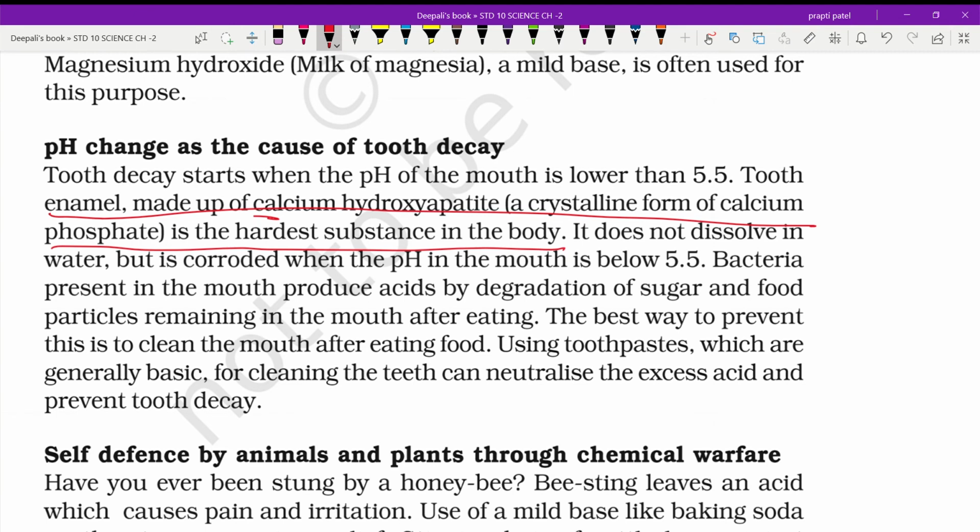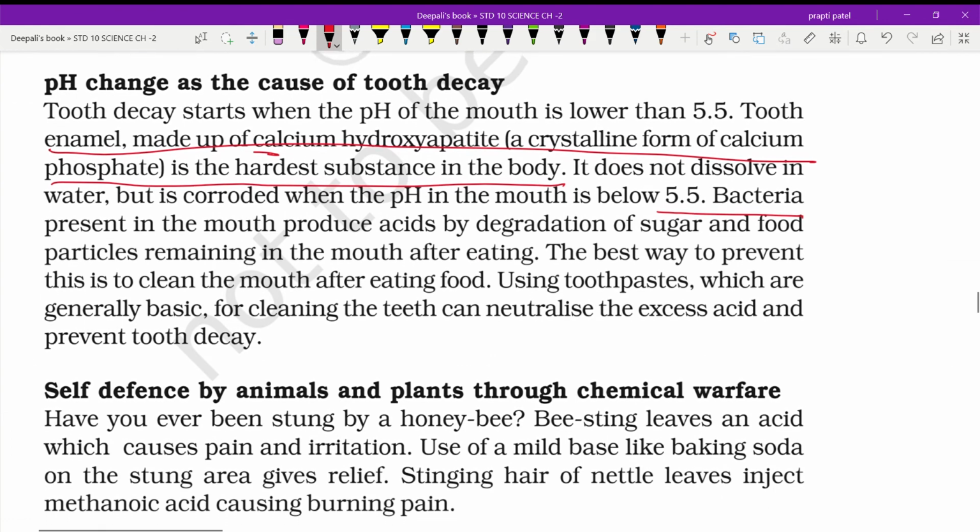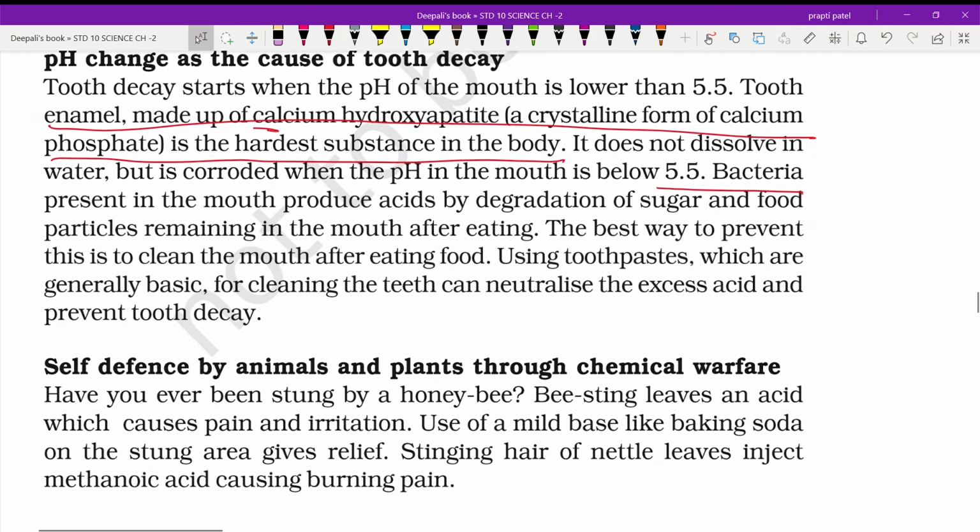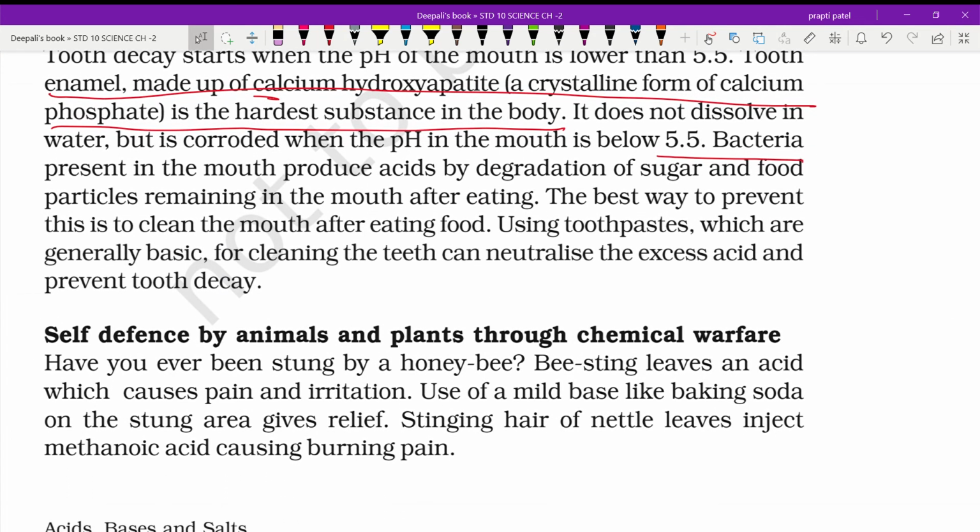It does not dissolve in water but it corrodes when the pH in the mouth is below 5.5. Bacteria present in the mouth produce acid by degradation of sugar and food particles remaining in the mouth after eating. The best way to prevent this is to clean the mouth after eating food. Using toothpaste, which is generally basic, for cleaning the teeth can neutralize the excess acid and prevent tooth decay.